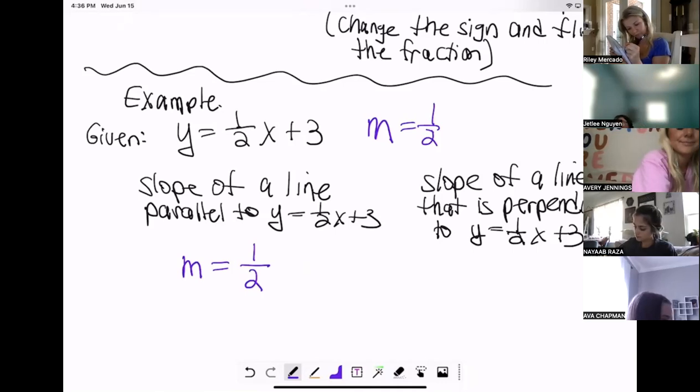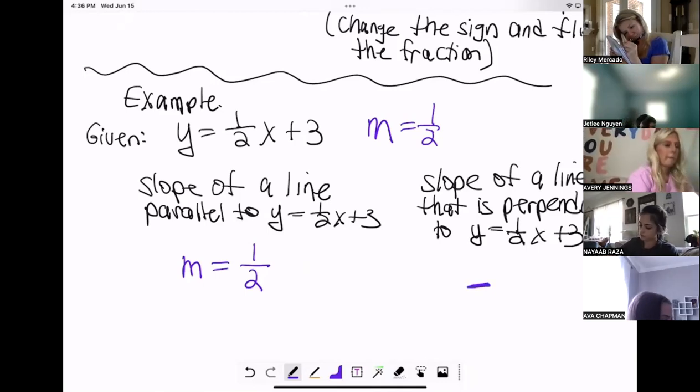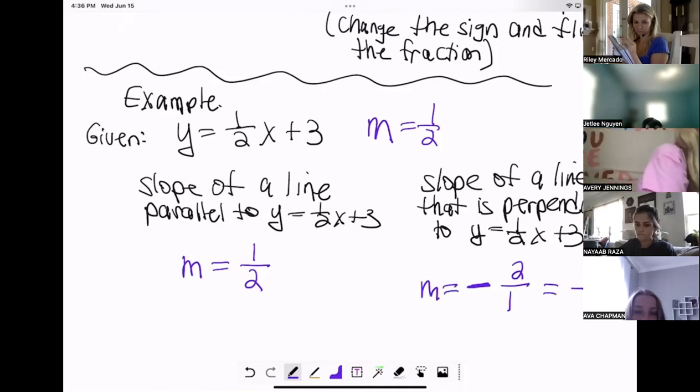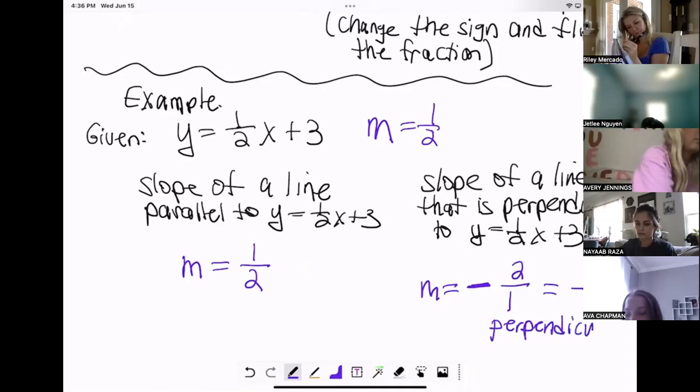So 1/2 is positive; I'm going to make it negative, opposite sign. And then reciprocal, I have to take 1/2 and flip it. So that becomes 2/1, which we just write as -2. So having a slope of -2 will make this perpendicular, and this would be my parallel slope.